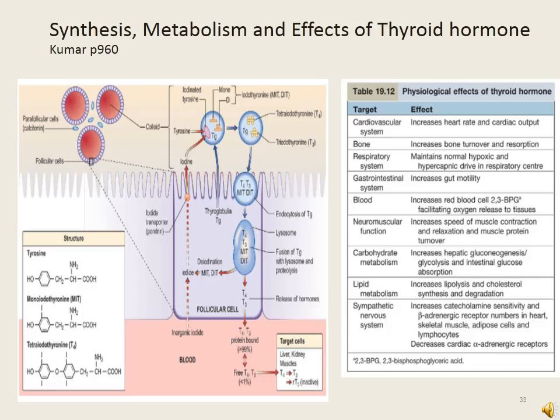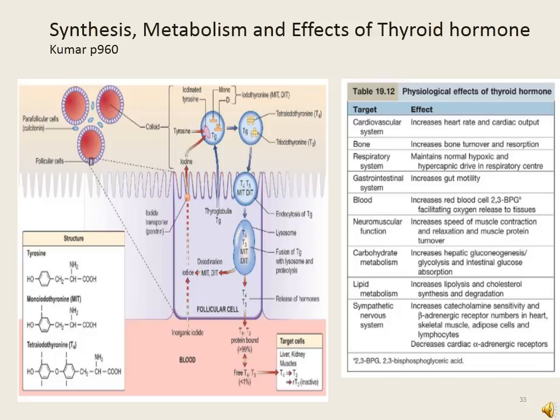This slide has figures and a table demonstrating the synthesis and the metabolism as well as the effect of the thyroid hormone. That is a figure and table from the Kuma page 960.